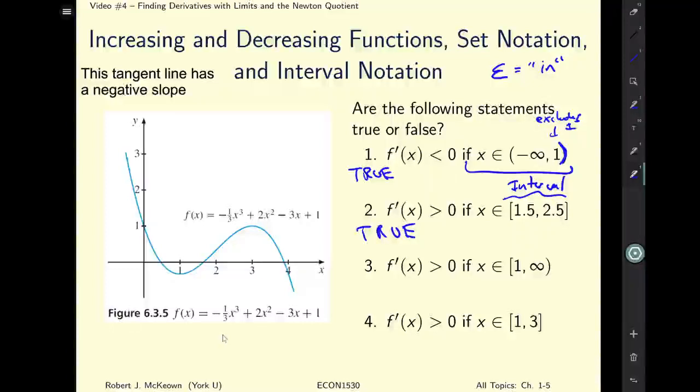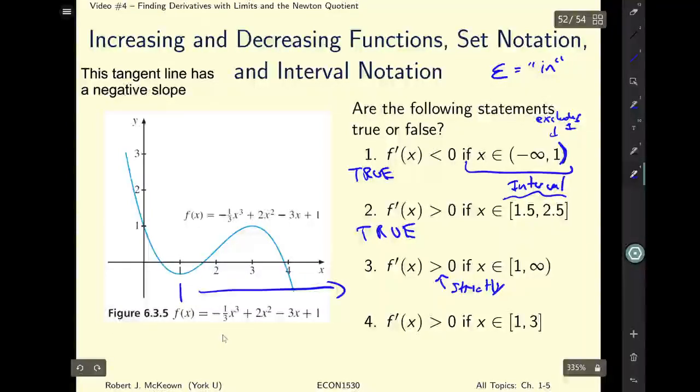Now what about number 3? So it says that f prime of x is strictly increasing between 1 and all the way to positive infinity. Well, we can see that along here, the function is increasing. But again, we get this flat point when the function hits a peak.